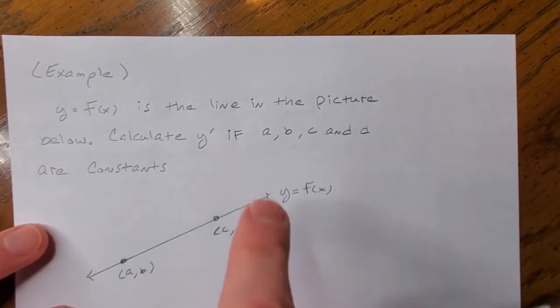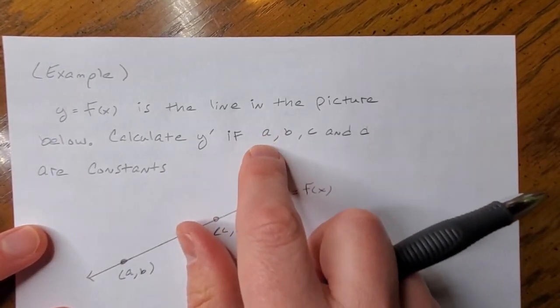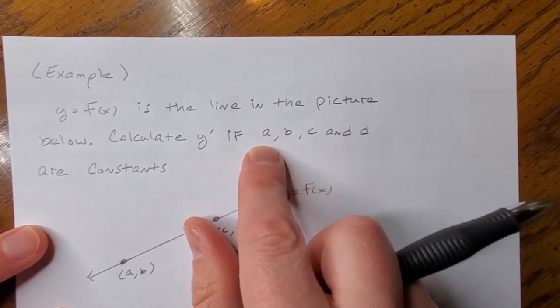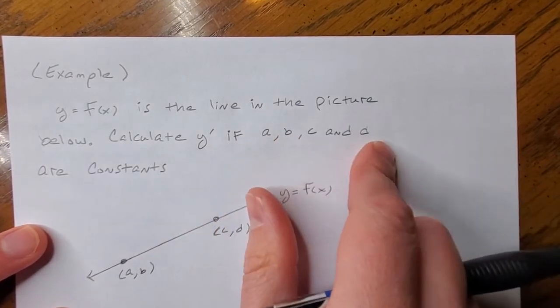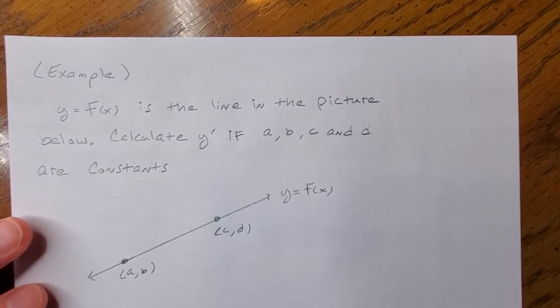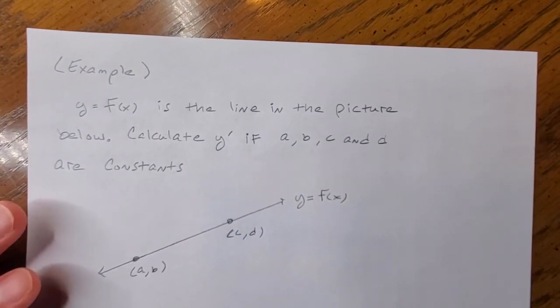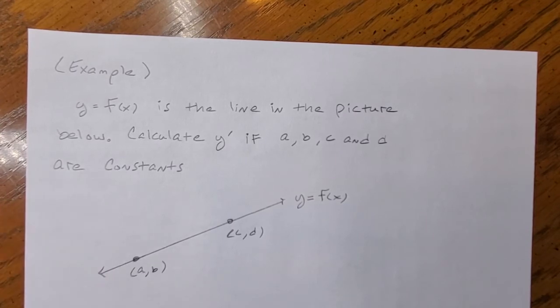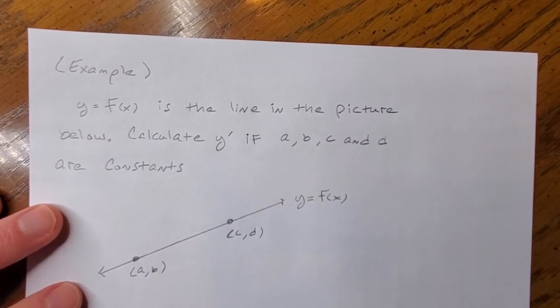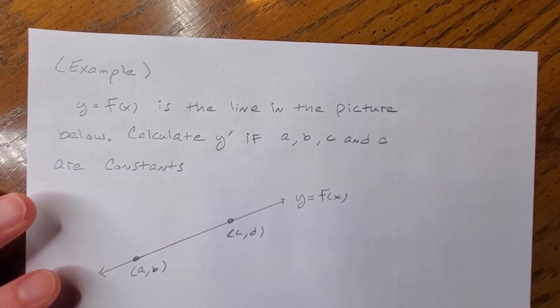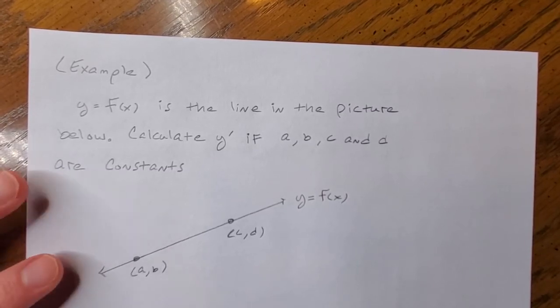But here I'm saying A is some unknown but fixed number, and so is B and C and D, okay? So if you've ever taken chemistry, then they'll give you all kinds of constants for different situations, all right? These numbers that are fixed but maybe not necessarily revealed at all times, okay?